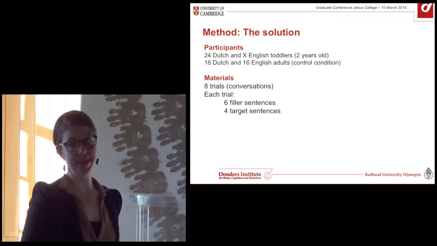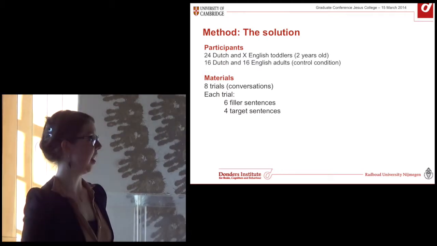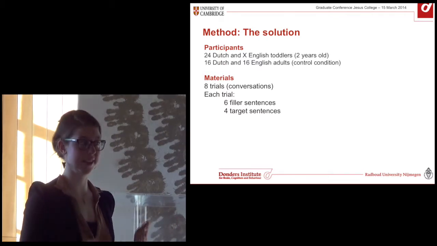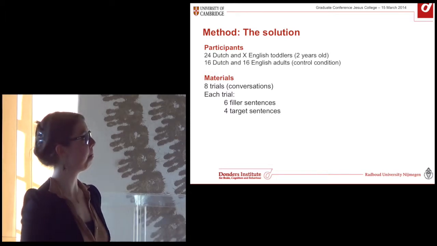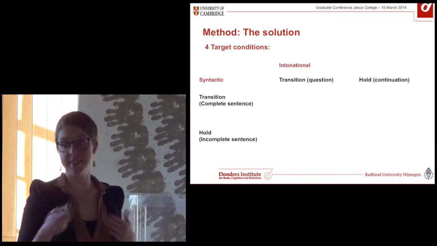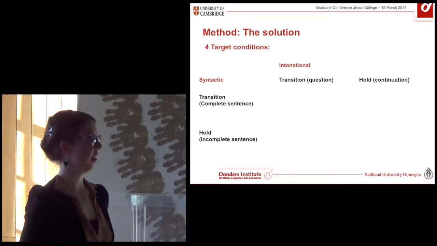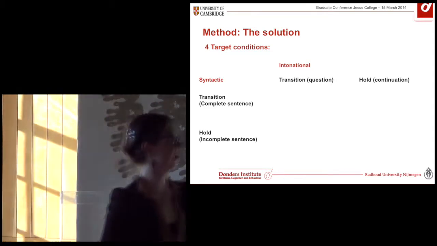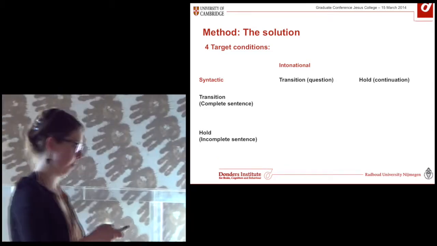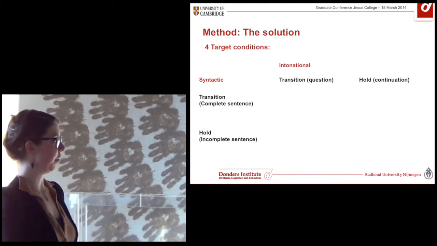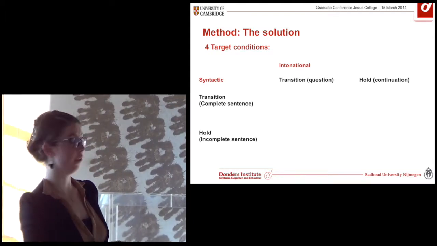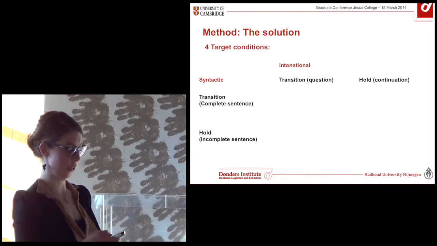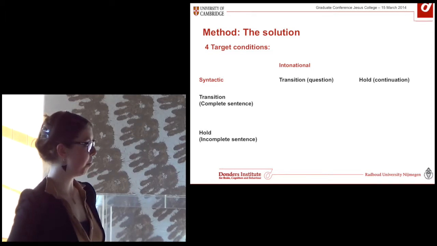The materials: there will be 8 different conversations, and in each conversation there are filler sentences and target sentences. The target sentences are manipulated for cues that I've discussed before. So we can have syntactic cues, which can be complete or incomplete, and we have intonation contours, which can be a question or a continuation. We have some examples.